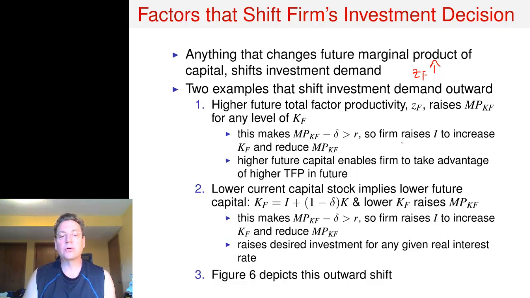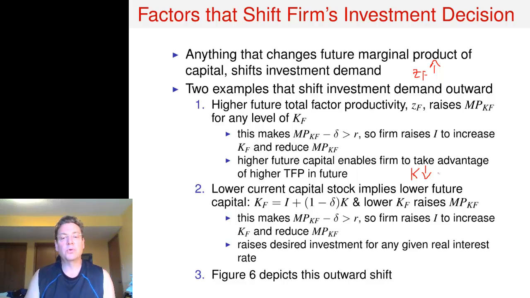And another factor that would cause a shift in the firm's investment demand decision would be if they were to inherit a lower capital stock. Both of these would raise the marginal product of capital in the future. Why is this the case?